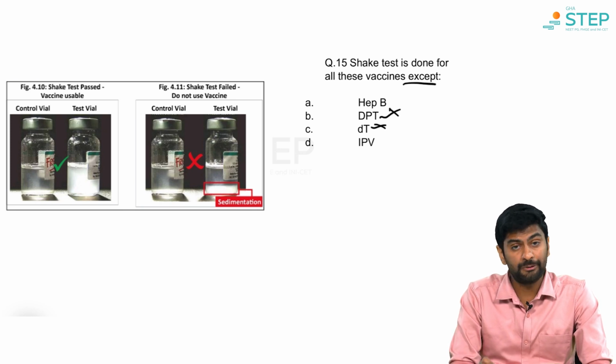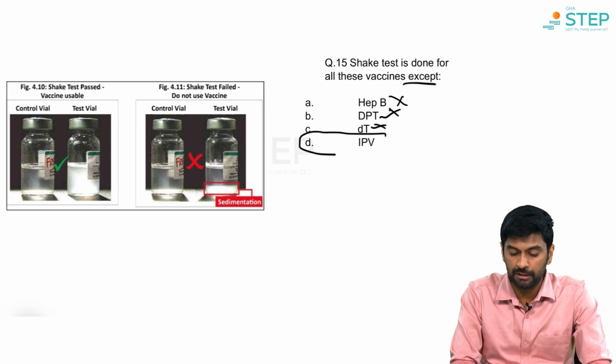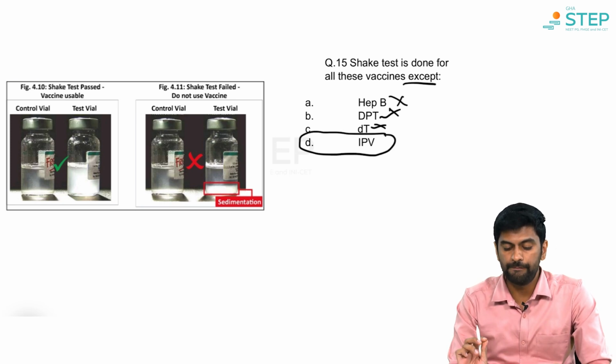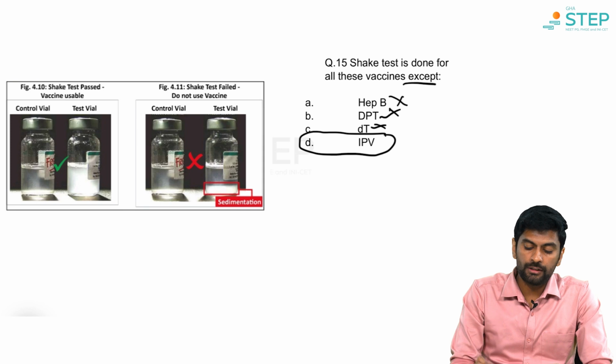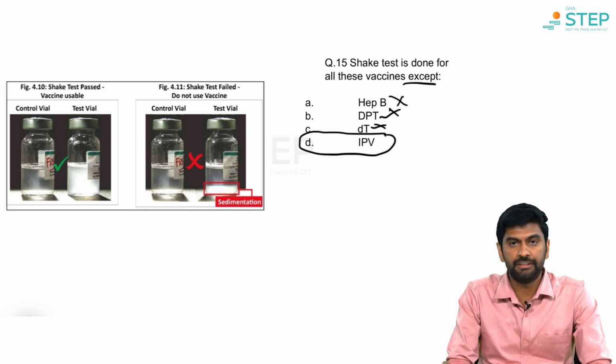Hepatitis B also, it's part of the pentavalent, so hepatitis B also undergoes a shake test, whereas for the IPV, the shake test is not valid. So, the answer here for this question is option D, which is IPV.